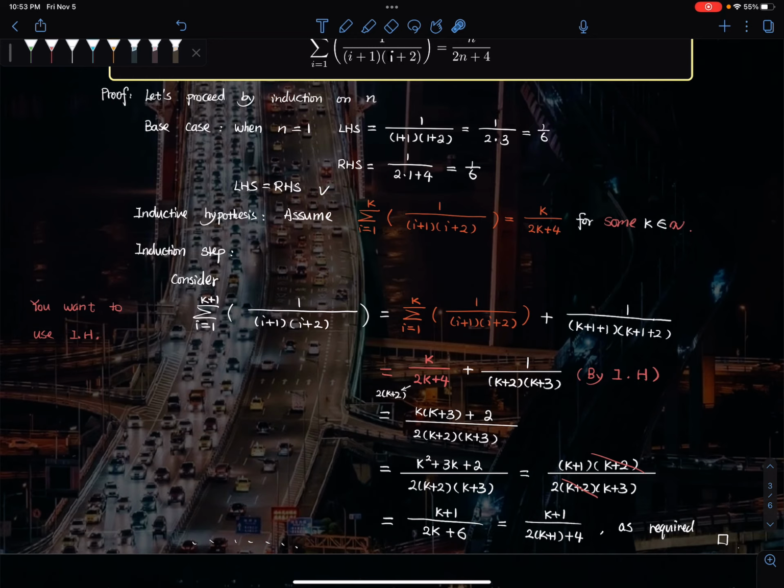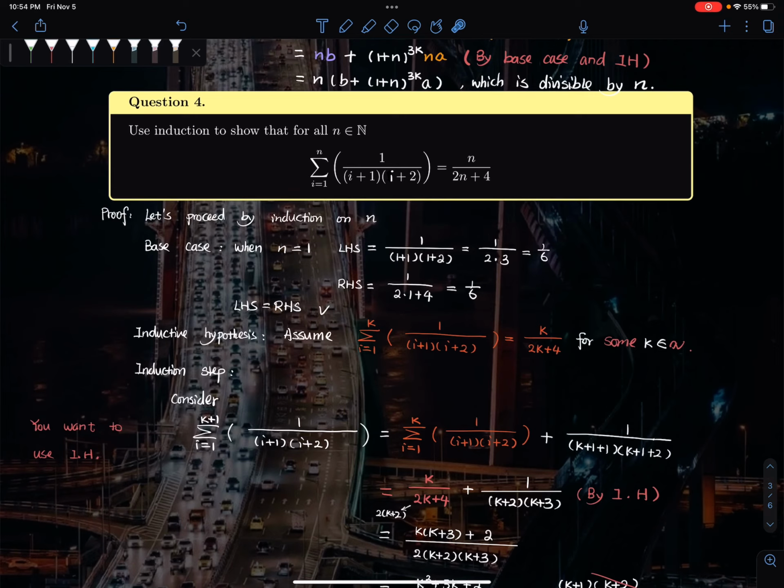Before I move to the last one, which a lot of people want to do, I want to talk about the marking scheme. Of course, we want to talk about the marking scheme. For example, if this question is worth 4 marks, so use another color, green is for the 4 marks marking scheme.